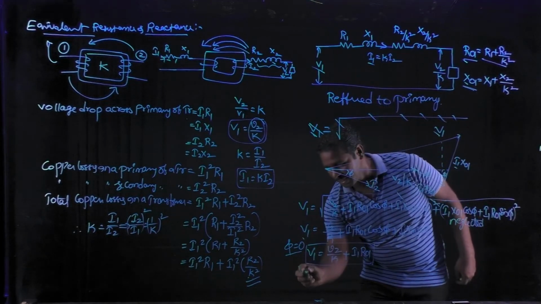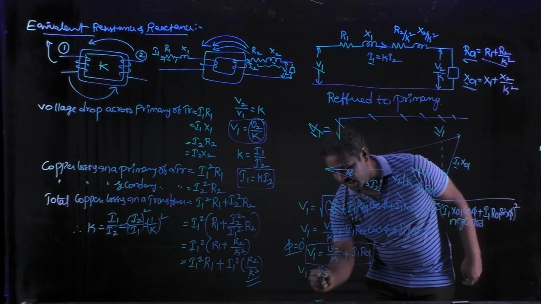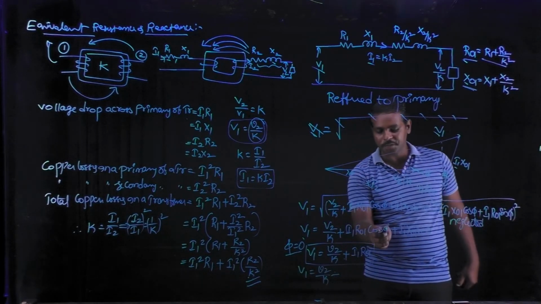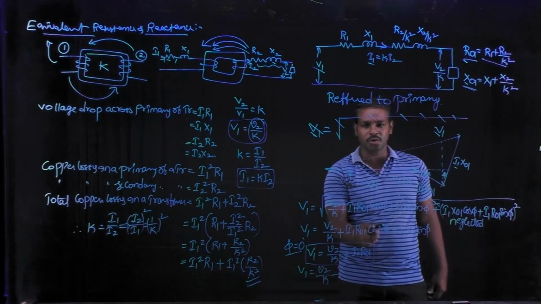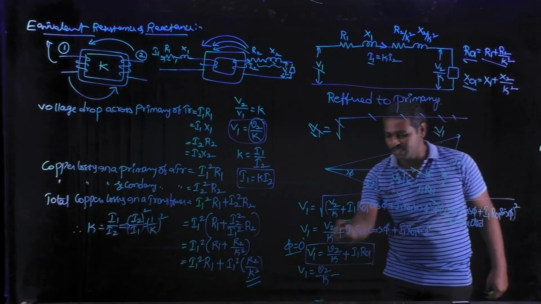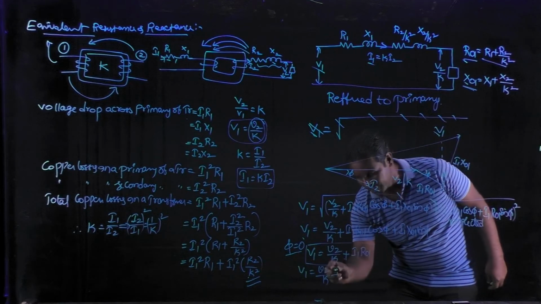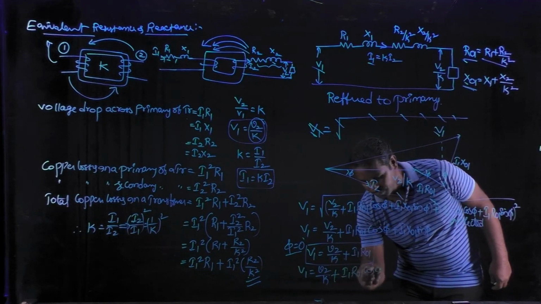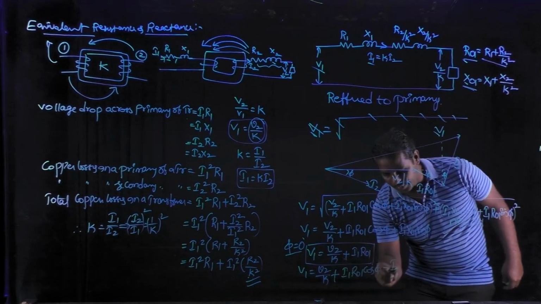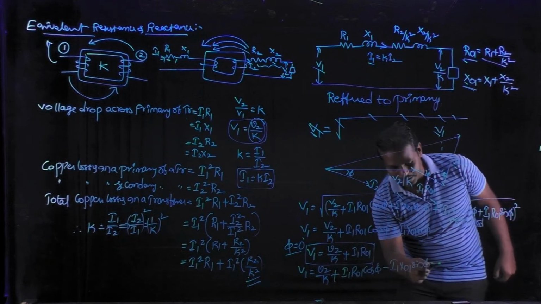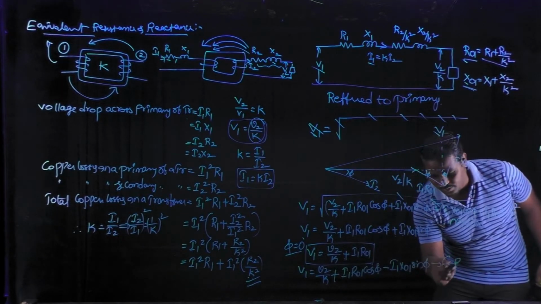Cos of minus theta is equal to cos theta, but sin of minus theta is equal to minus sin theta. So this equation is simplified into plus I1 R01 cos phi minus I1 X01 sin phi. This expression is for capacitive loads.